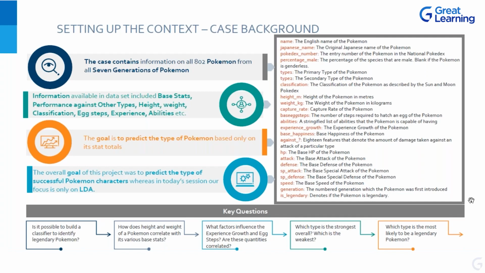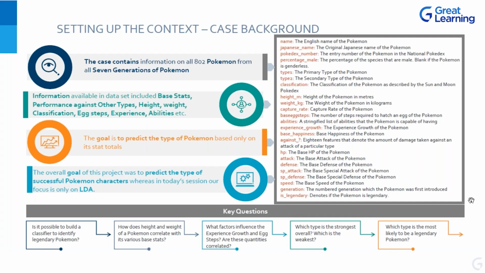Now, today's discussion is more towards some fundamental questions, such as can we build a classifier to identify that kind of legendary Pokemon. So we had the data, which was very rich in that regard. Is there a possibility that we can relate some important variables, or narrow down on certain important key features or factors which would suggest which is the strongest Pokemon character, the weakest, or the most legendary?